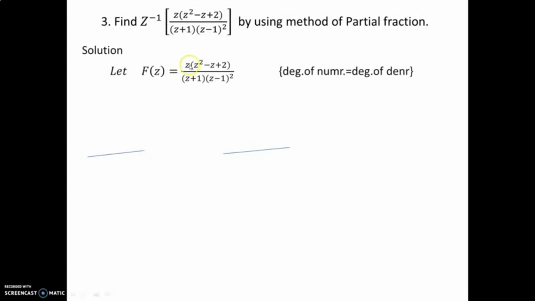We take z in the numerator and then move it to the left hand side. We get f of z by z equal to (z squared minus z plus 2) divided by (z plus 1) into (z minus 1) the whole squared. In the right hand side, the given fraction is a proper fraction because the degree of numerator is 2 and the degree of denominator is 3. Therefore, the degree of numerator is strictly less than degree of denominator. Therefore, the given fraction is a proper fraction. f of z by z is a proper fraction.